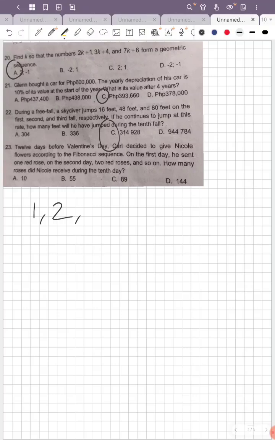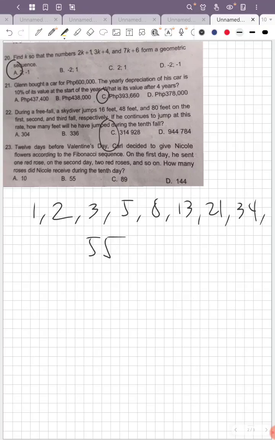So on the third day, since this is a Fibonacci, 1 plus 2 is 3. 2 plus 3 is 5. 3 plus 5 is 8. 5 plus 8 is 13. 8 plus 13 is 21. 13 plus 21 is 34. 21 plus 34 is 55.